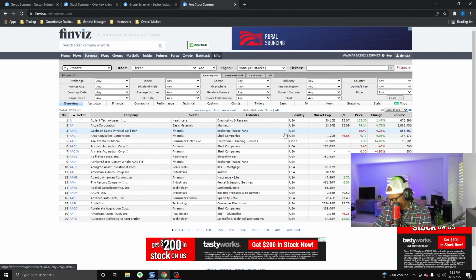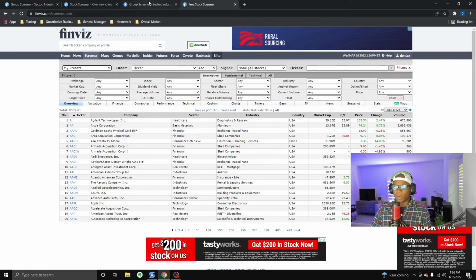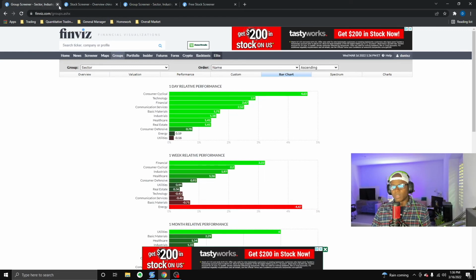And the more markets or exchanges that you take it into, the more you can find the cross between all of those and find something fundamental that you can trade off of. But with that, that's pretty much how I use my Finviz.